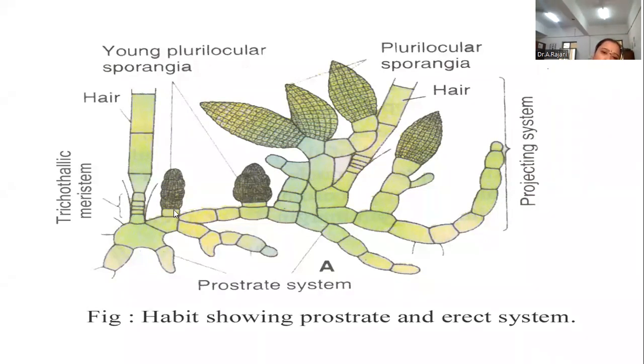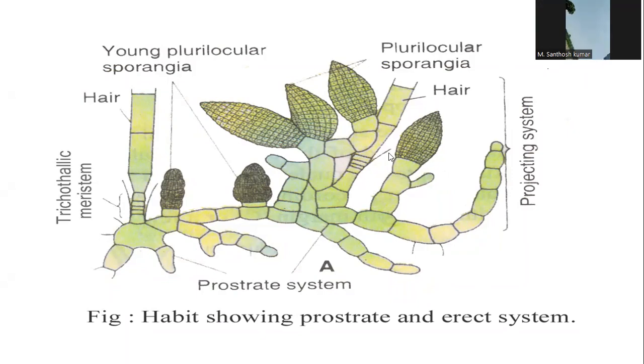Coming to the thallus, two parts are important. One is the prostrate system, which is called the creeping system. The other part is the erect system. The projecting system is called erect, and the prostrate system is called creeping.